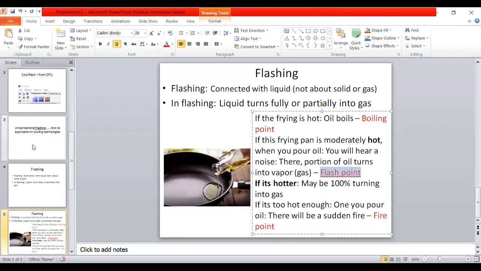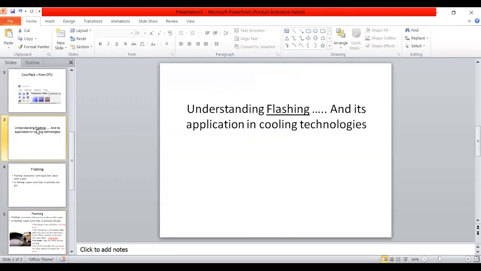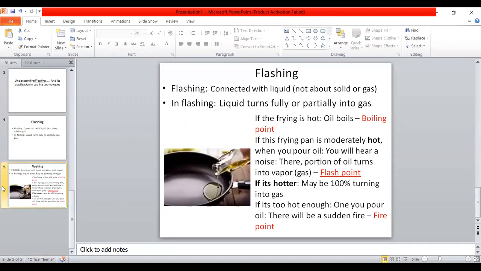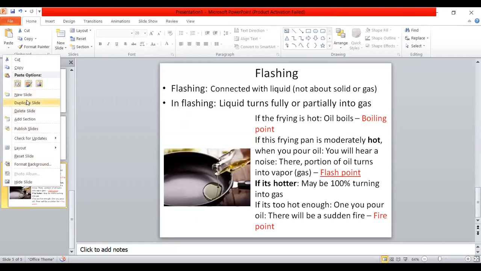But our application is not about using fire. Our application, as I mentioned, is looking into cooling technologies, but we should start from something known, this flashing. So flashing has some risk. There are safety issues, so you should be aware of this. We will look for one more example for flashing.